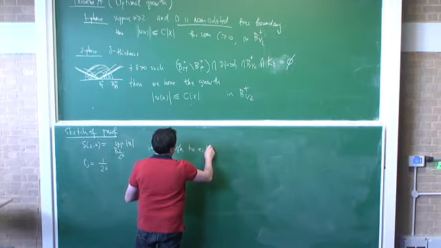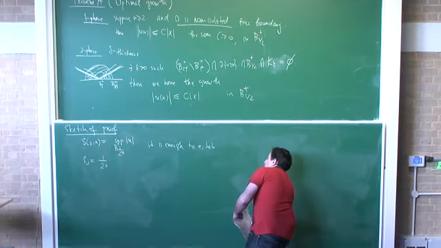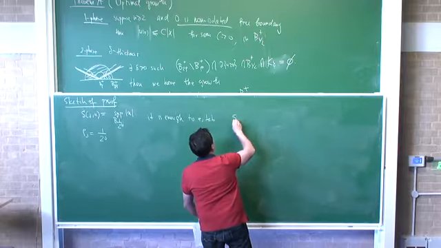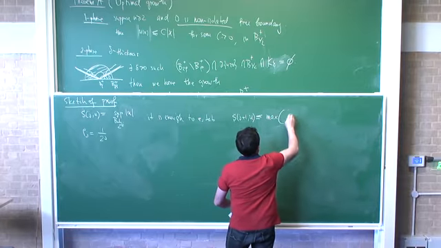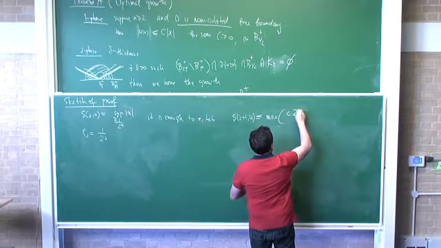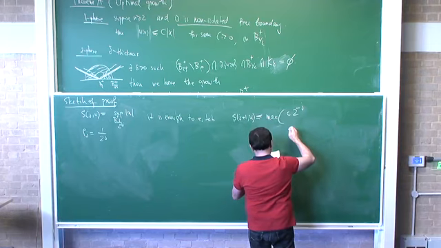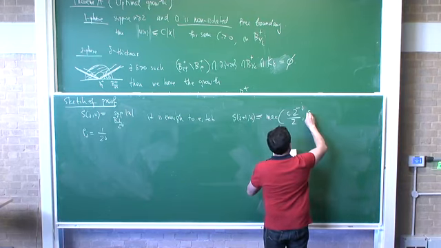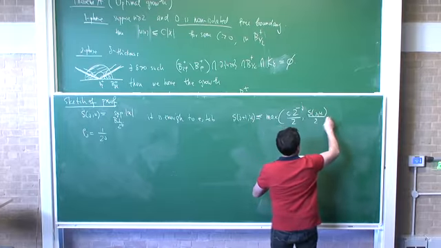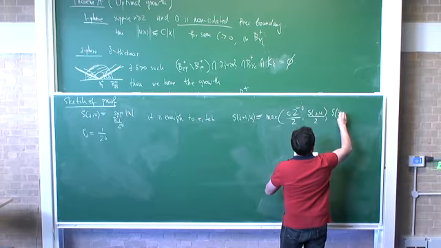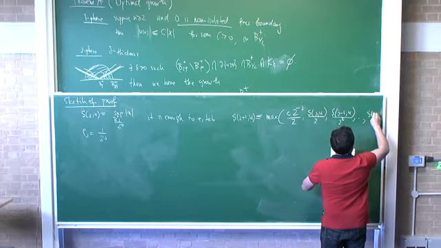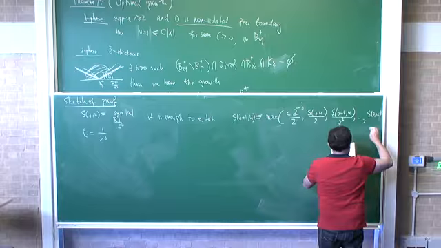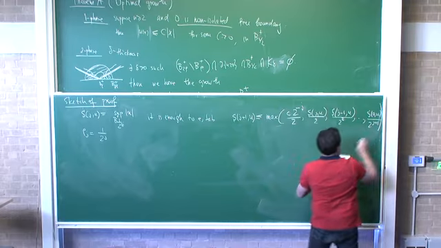to establish the following estimate, that S_{j+1} u is less than or equal to the maximum, for some positive constant c, of 2 to the power minus j over 2, and then S_j u over 2, S_{j-1} u over 2 to the power q, etc., and then S_0 u over 2 to the power j plus 1.